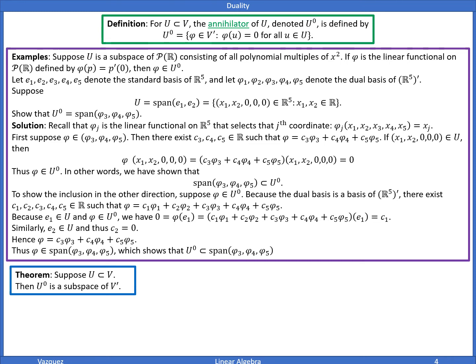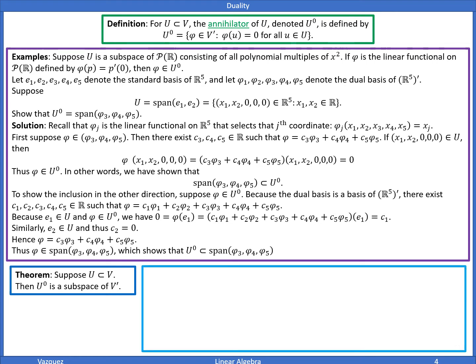And you should remember what the conditions are to check that something is indeed a subspace. There are three conditions. One was that we have the 0 vector in there, and then closed under addition and closed under scalar multiplication. So we can prove this pretty easily. 0 is in the annihilator of U, right?